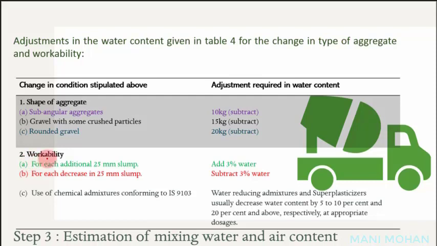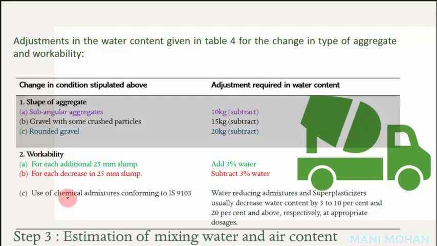Now let us come to workability. If you have a slump requirement of more than 50 mm, then for each additional 25 mm slump, you have to add an extra 3% of total water. But if the slump requirement is less than 50 mm, for each decrease of 25 mm slump, you have to subtract 3% of water.